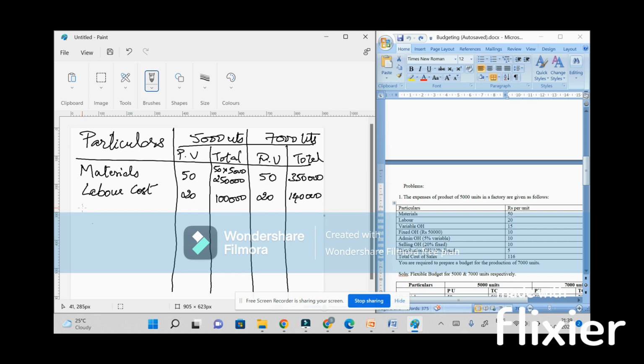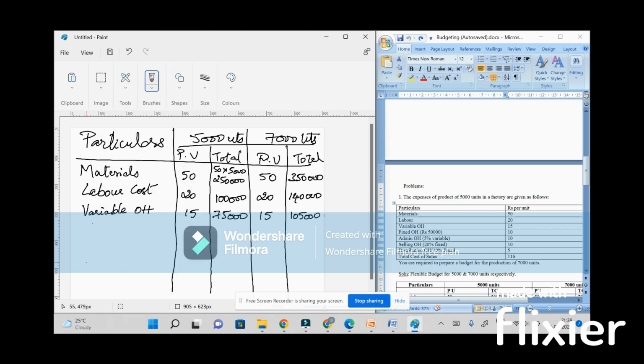The next entry being given is variable cost. For 5,000 units, it's given to be 15 rupees per unit, so 15 into 5,000 is going to be 75,000. In the same way, 15 into 7,000, the total is going to be 1 lakh 5,000.